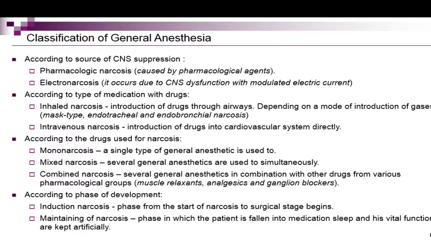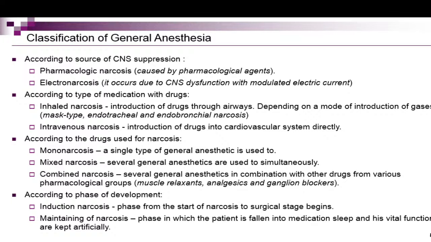Several general anesthetics are used for narcosis simultaneously, at the same time. And combined narcosis means that several general anesthetics in combination with other drugs from various pharmacological groups are used for CNS suppression.